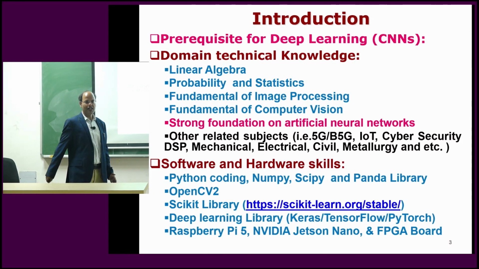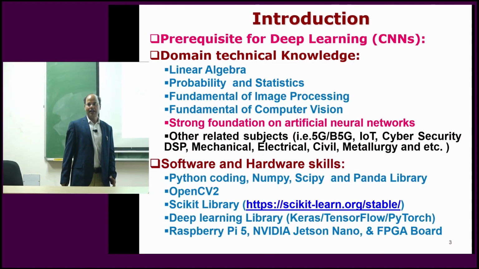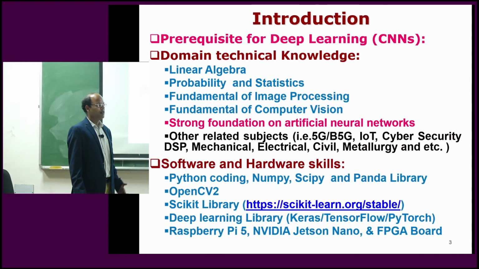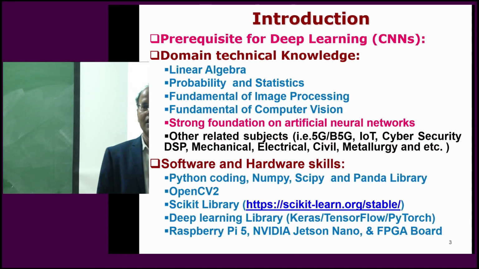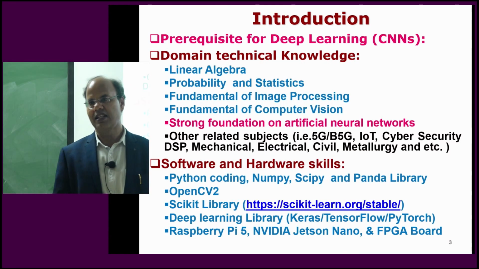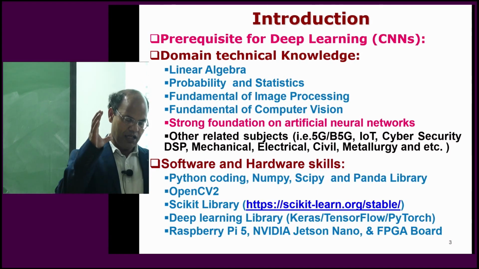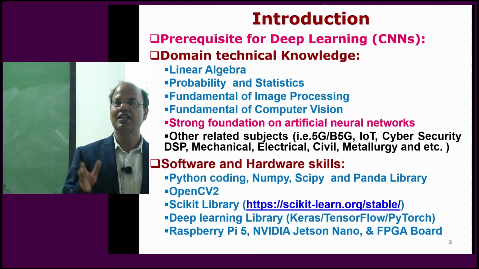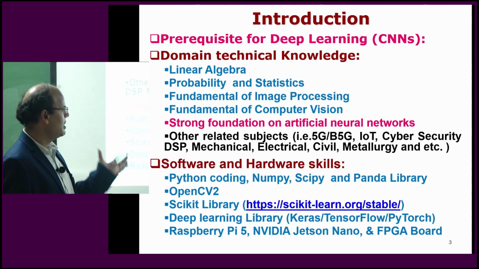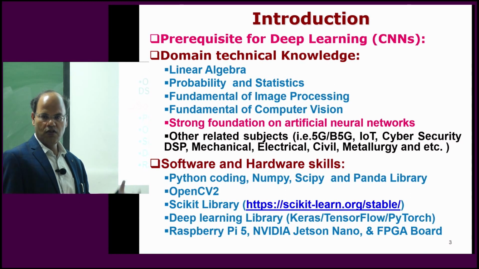And then the other related subjects, which is more specifically domain knowledge or domain expertise. For example, this GIAN program is mainly focused on medical data and image analysis. So knowledge of medical signal processing and medical image processing is essential. That should be the domain expertise.